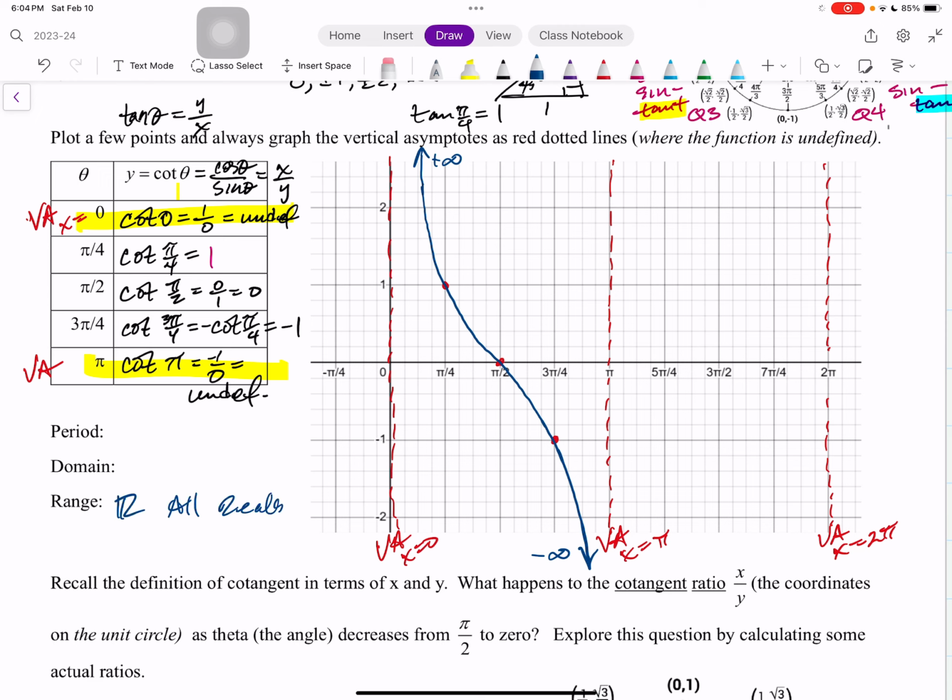But why does it behave like this? And then it repeats, of course. If it kept on going from pi to 2 pi, it would repeat those values. So we're going to shift over pi radians, plot a point, shift over pi radians, plot a point, and then graph another period just so you can see it.